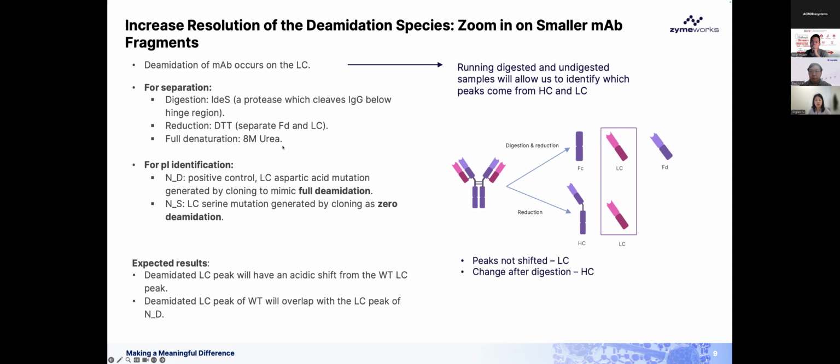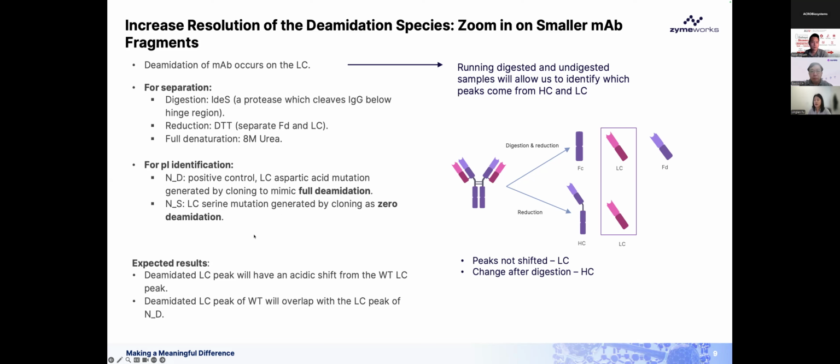In addition, we cloned a deamidation positive control and negative control mAbs. First is the N2D mutation, an asparagine to aspartic acid single-site mutant to mimic full deamidation as a positive control, and also N2S, asparagine to serine, which was used as a zero-deamidation control.